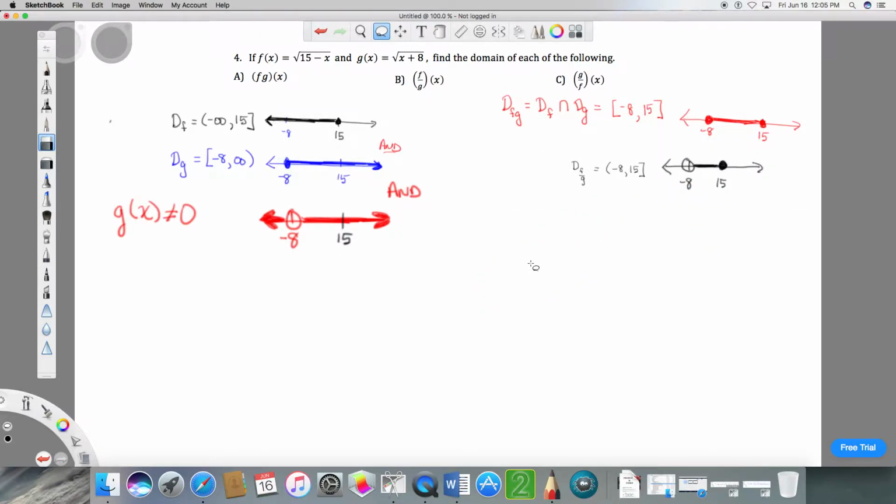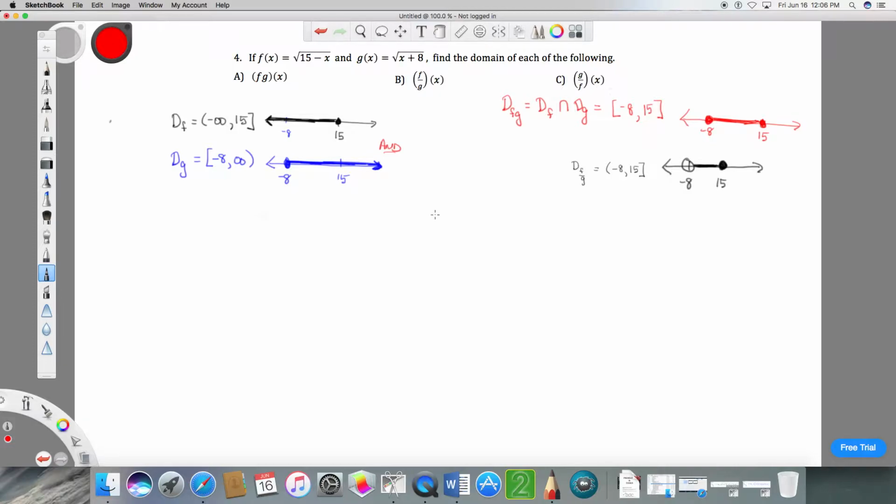All right, so let's continue on to part C, and once again we want to intersect the domain of f with the domain of g, but we also are concerned that this denominator could equal 0.